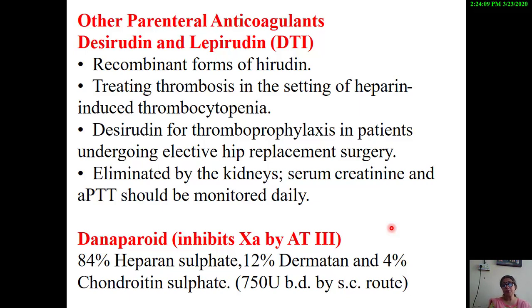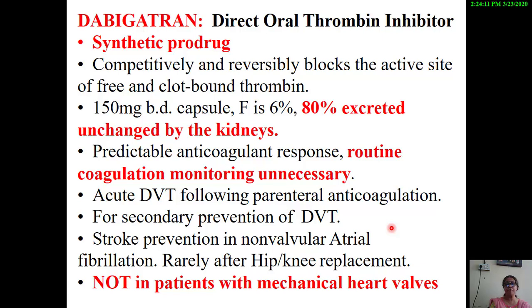Now, coming to the oral agents which are there for anticoagulation, there is a compound by the name of dabigatran, which is a direct oral thrombin inhibitor. Now, dabigatran is available as a salt, where this particular salt is known as dabigatran etexilate. It is a synthetic compound, plus it is a synthetic prodrug.